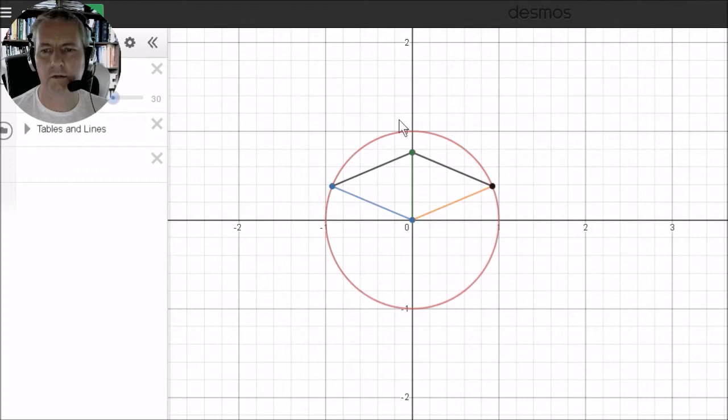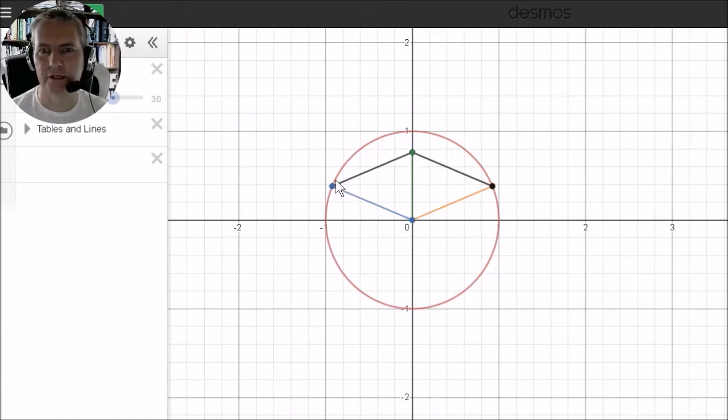So what we've got here is our circle. We've got our two phasors, one in blue, which is e to the minus i theta, travelling in the clockwise direction, and one in orange, which is e to the i theta, travelling in the anti-clockwise direction. We produce the vectorial sum, which is these two lines here, and it maps onto a point on the y-axis.